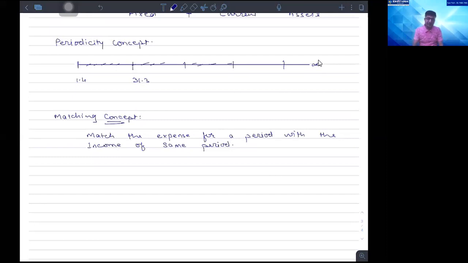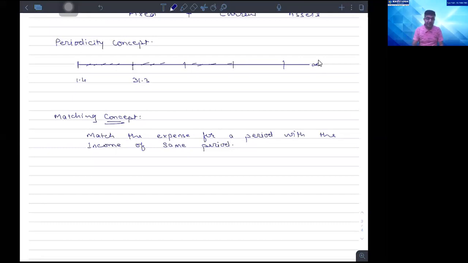There are certain situations where you have incurred the expense, but the benefit of that you have not derived in the current period, that is not related to the income of current period, that is related to the income of next period.